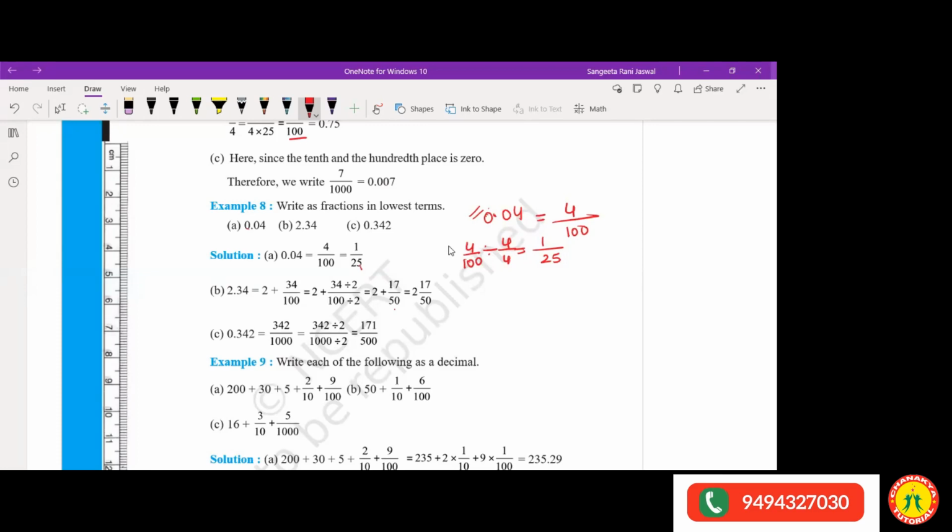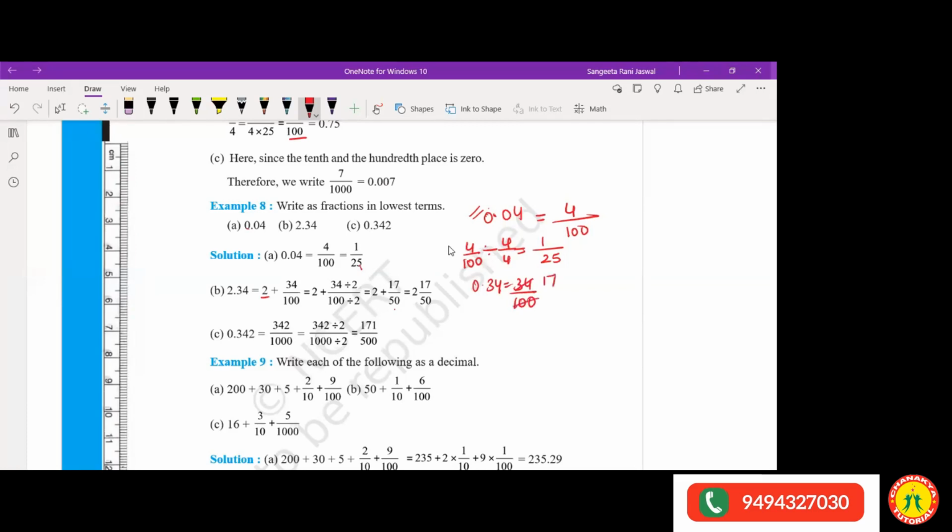See, this 2 is already in the whole number form. This is already a whole number, no? So we don't have to do anything to this 2. Now this 34 is in the decimal part. This is 0.34, no? So we will write 34 by 100. Now both are even numbers, so I can reduce it by 2.